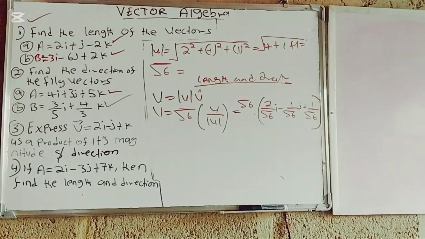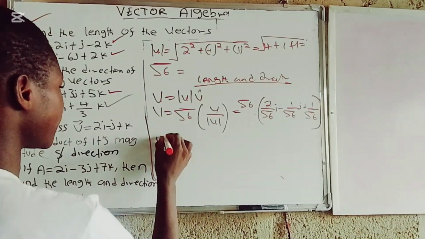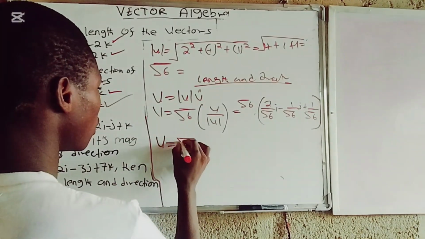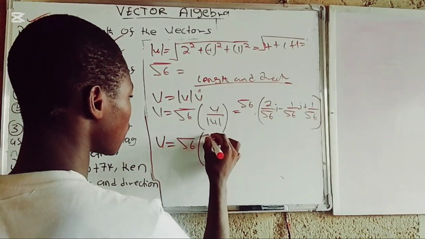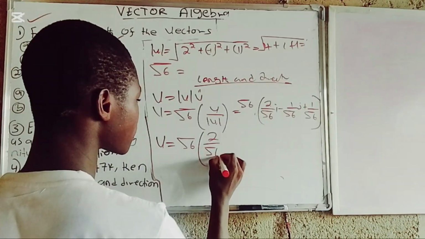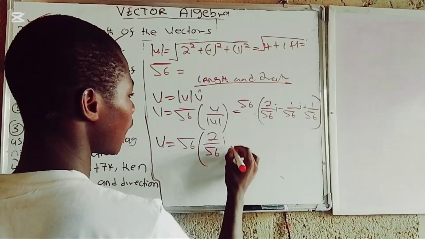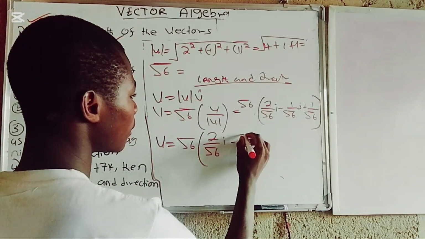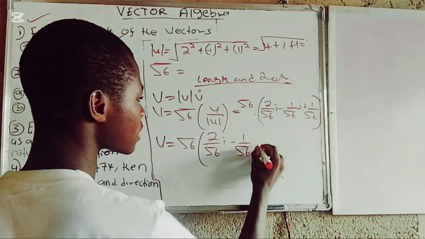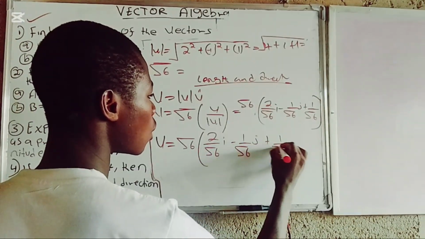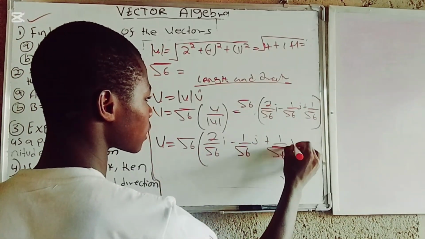I hope you get this point. So therefore v is the same thing as root of 6 times 2 by root of 6 i minus 1 over root of 6 j plus 1 over root of 6 k.